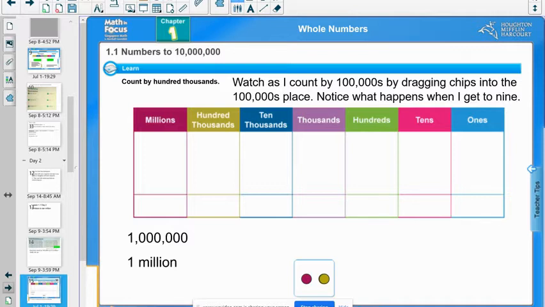And notice again what happens when I get to 9. 100,000, 200,000, 300,000, 400,000, 500,000, 600,000, 700,000, 800,000, 900,000, and 10 of the 100,000s. So you realize you can't put a 2-digit number in a place value.